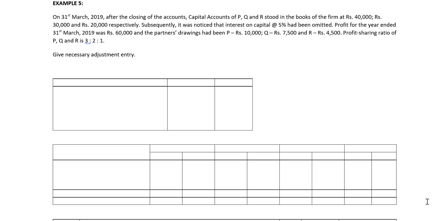We understand from this problem that interest on capital at 5% has been omitted. So the approach would be like we had done previously, to allow the interest on capital at 5% which has been omitted.